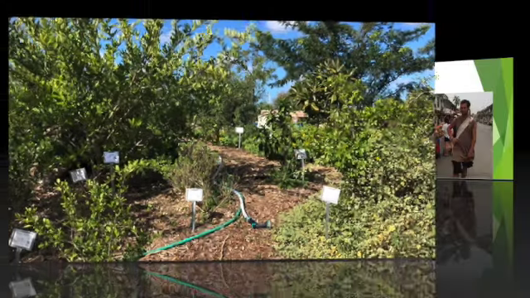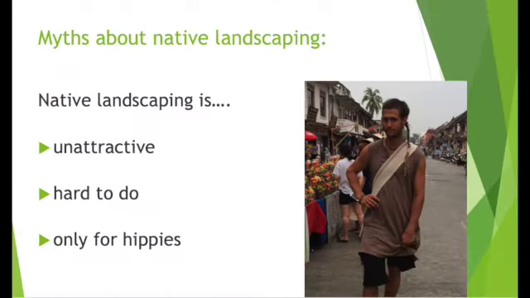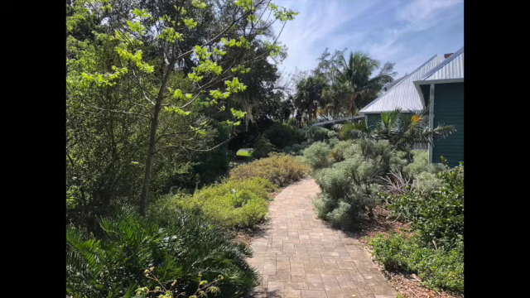First, let's dispel some myths surrounding native landscaping. These myths are: native landscaping is unattractive, hard to do, and only for hippies. The fact is, native landscaping is beautiful, especially in an island setting.